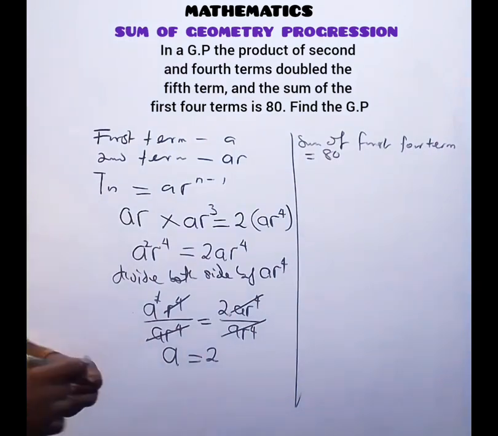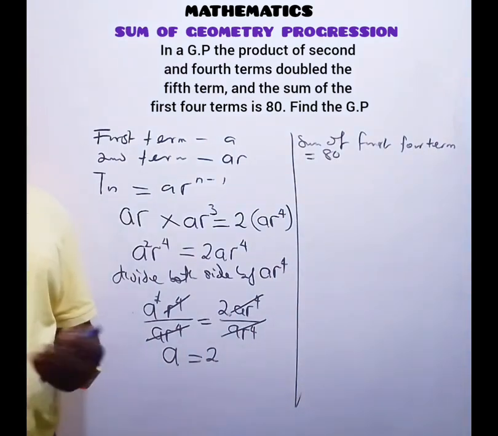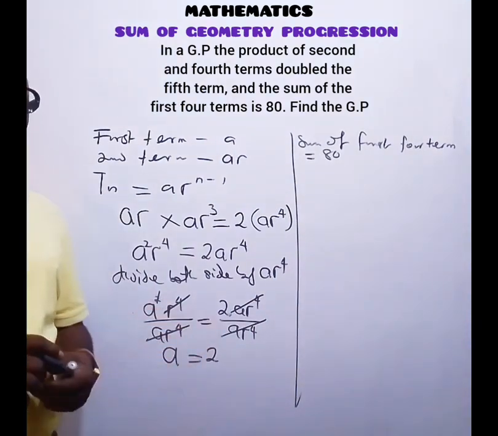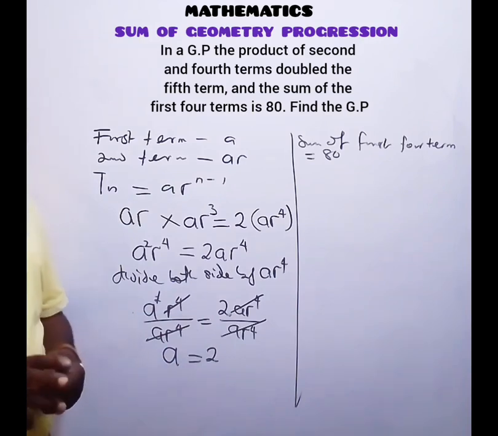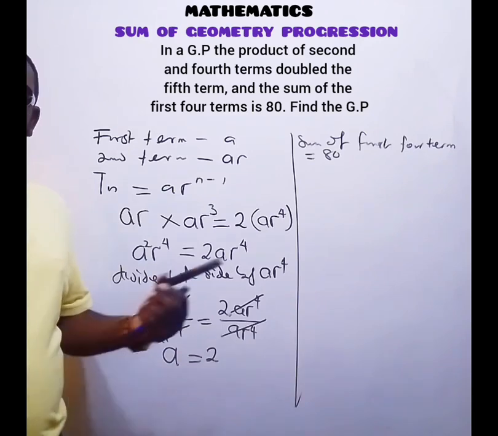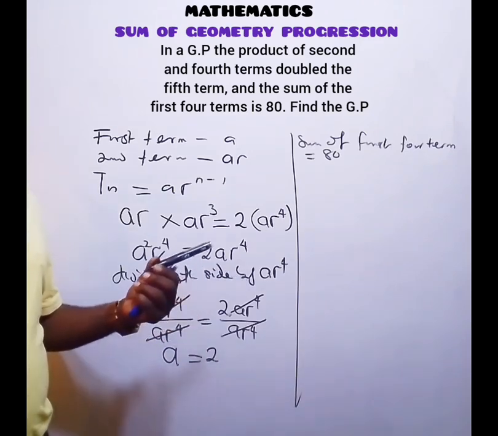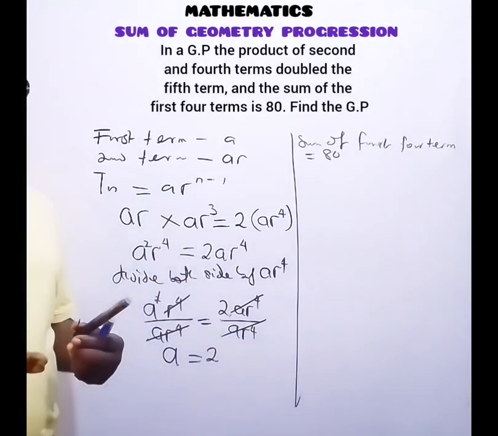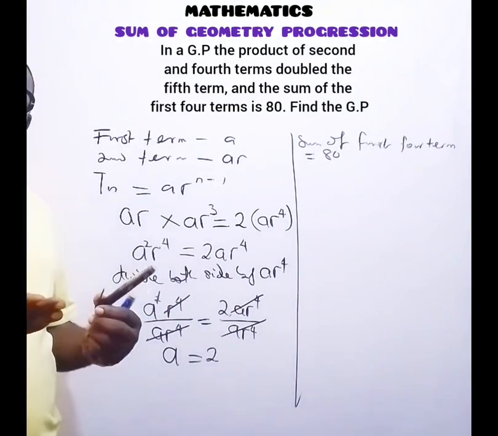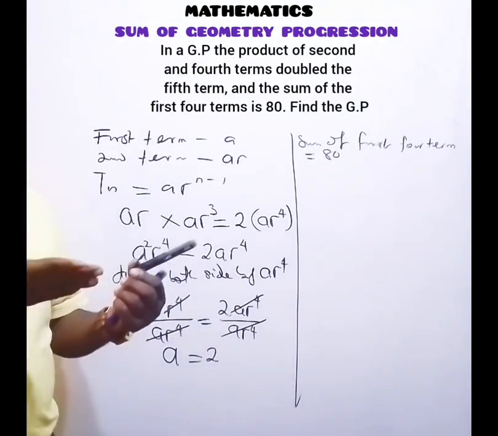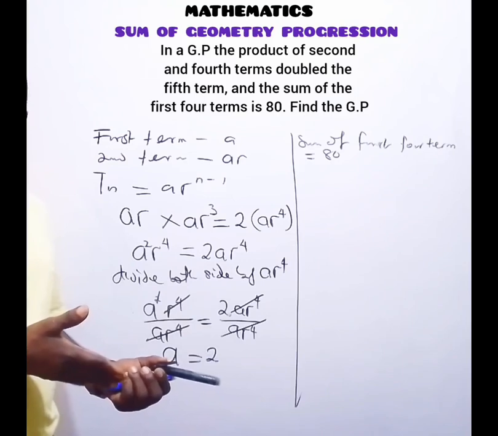If you want to make use of the sum formula, it might be a little bit difficult for you because you don't know the value of R already. So we are going to have a problem in the kind of method we are going to use in determining the particular sum.